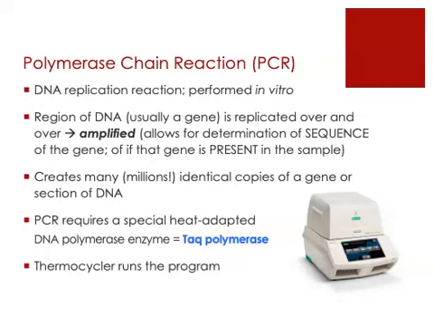Thermocyclers are not inexpensive, but they have certainly come down in price as PCR has gotten more and more commonplace. A typical thermocycler in 2020 would run you somewhere between $3,000 and $6,000.